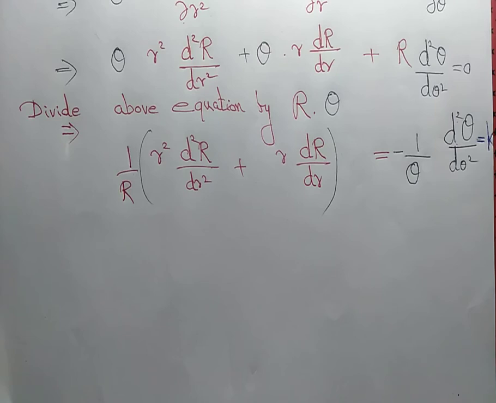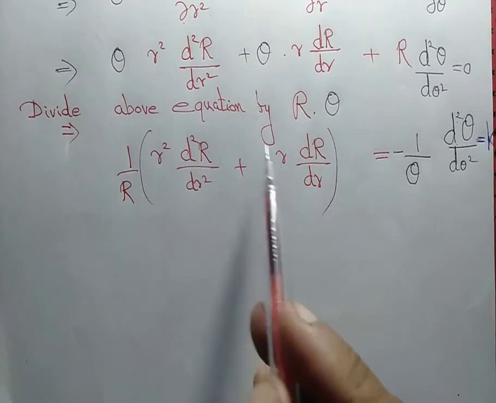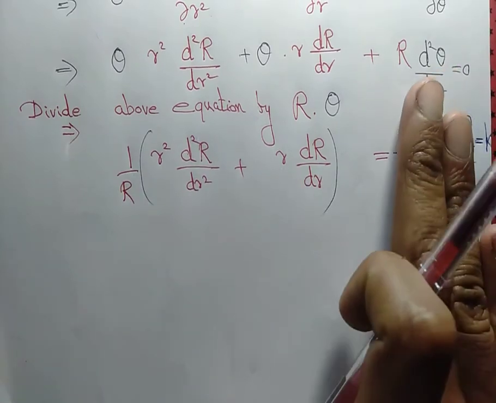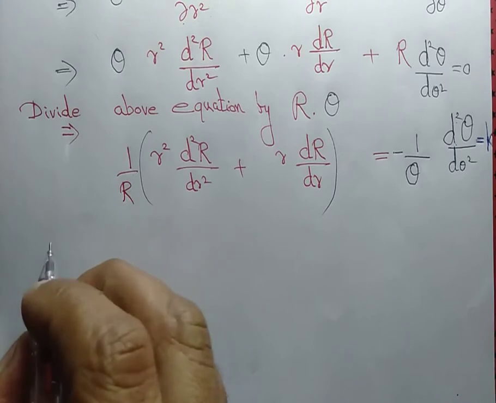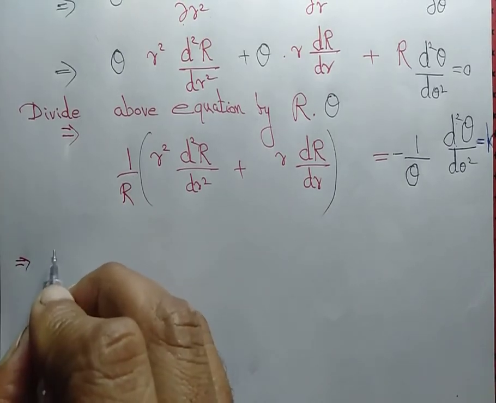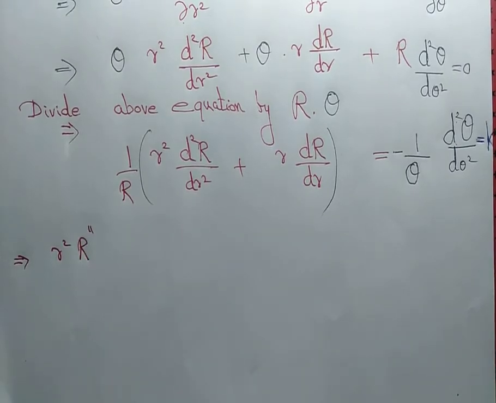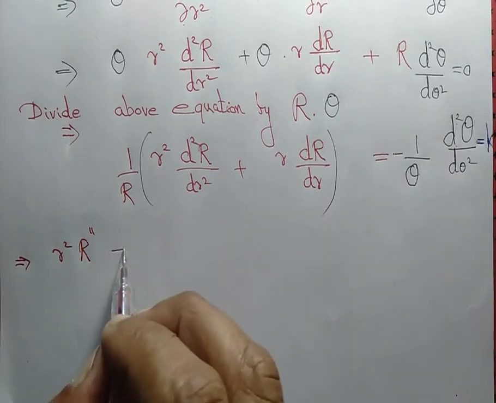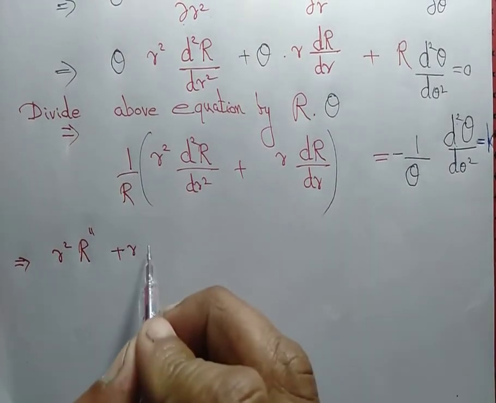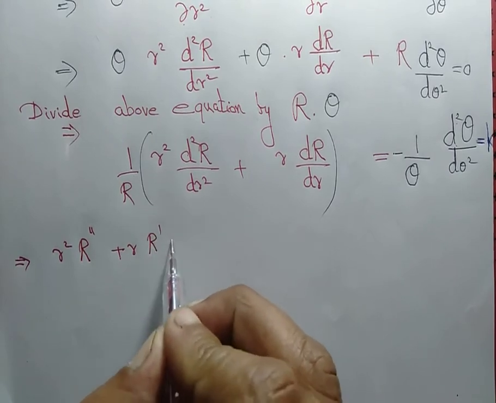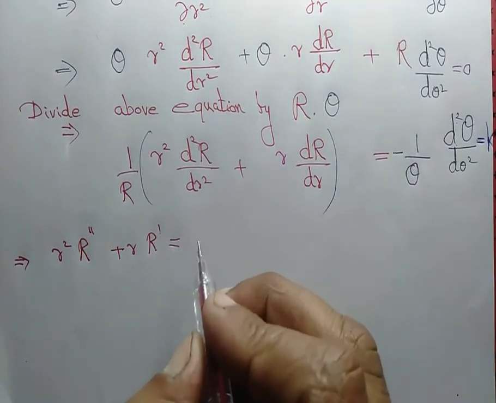Let that quantity that is independent of r and theta be k. Well, as soon as we have it, we get two different equations now. What do we have? If you take the left hand side and you forget the theta term, then you have r square double derivative of r plus r single derivative of r equal to k times r.